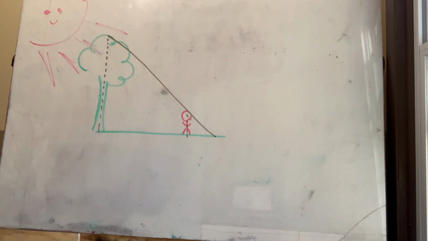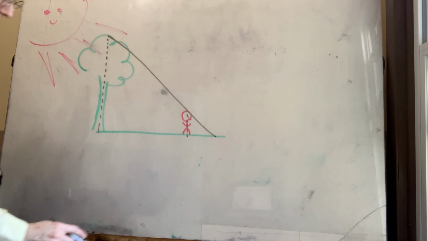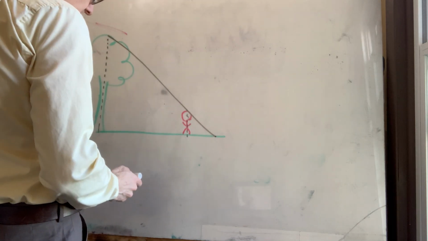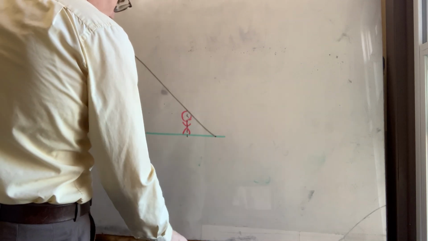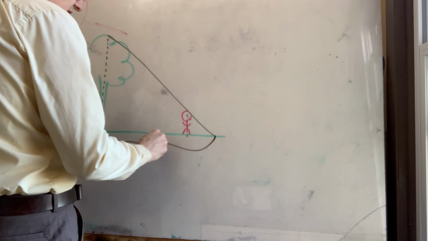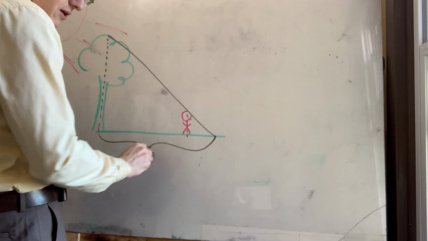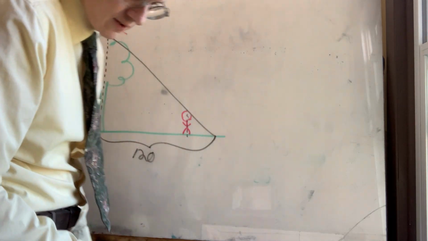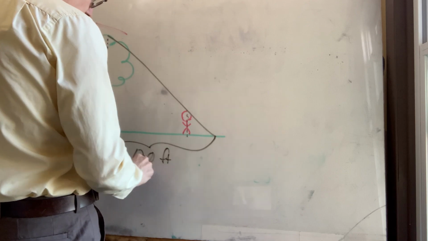I modified this problem a little bit from where I've taken it from, just because I didn't want to get too complicated. There, the total shadow length from here to here is 120, and the unit in this case was feet.